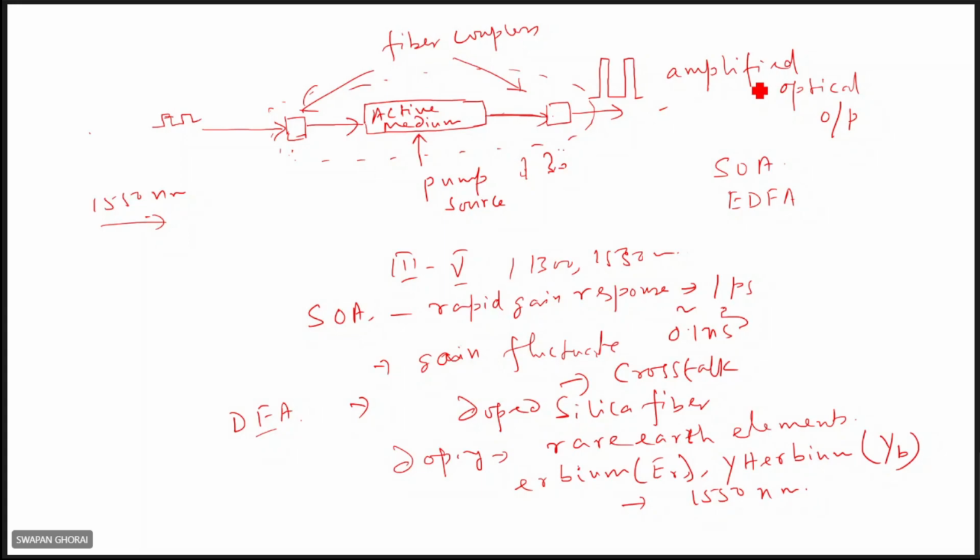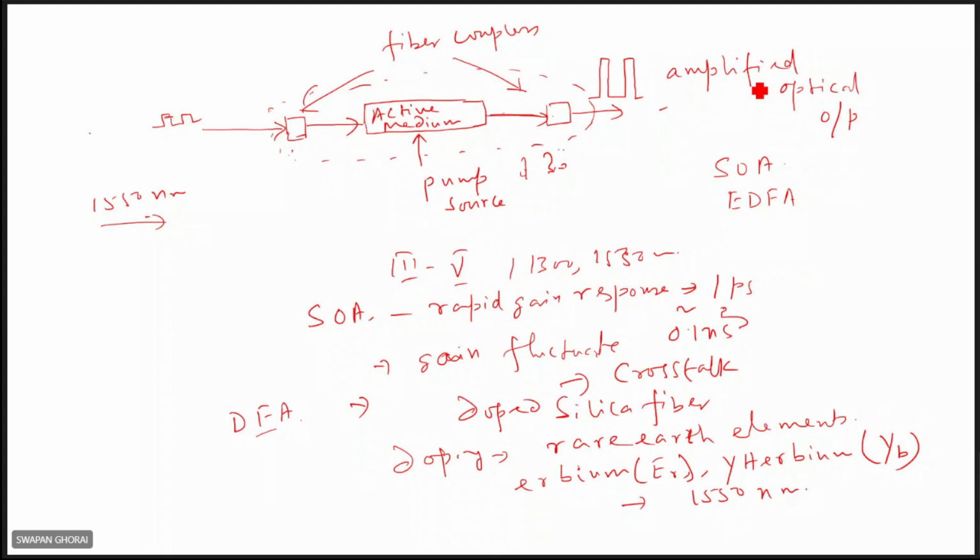Generally, 3-5 compound semiconductors are used, just like lasers. We have seen these direct bandgap type semiconductors used, right? They can work in the 1300 nanometer and the 1550 nanometer regions, where the attenuation is minimum.